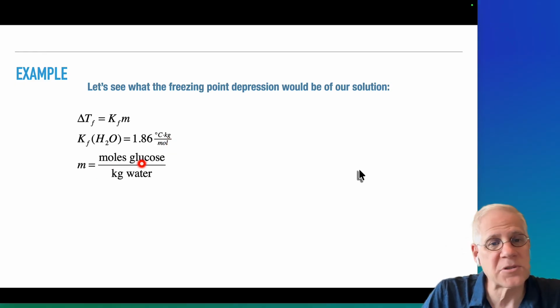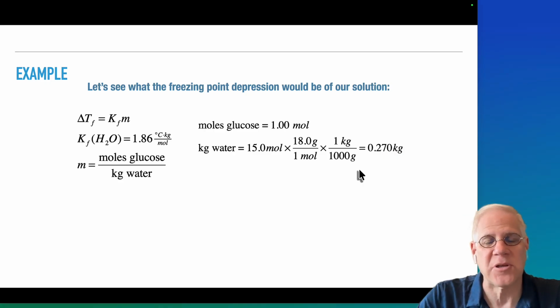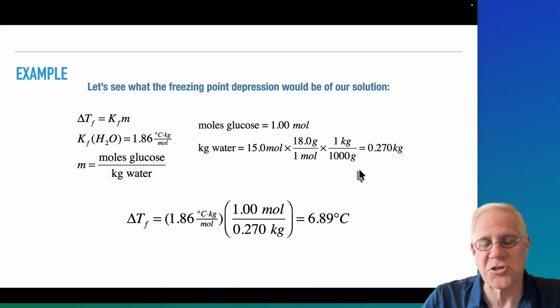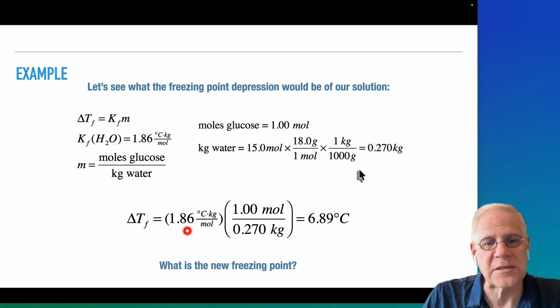Our molality, of course, is the molality of the solution. So we have moles of glucose per kilograms of water. We find the kilograms of water just like we did in that previous calculation. Plug everything in. We have a delta TF, 1.86 times 1 mole over 0.270 kilograms. And now we get a freezing point depression of 6.89 degrees Celsius.